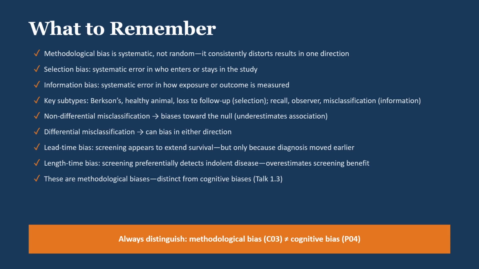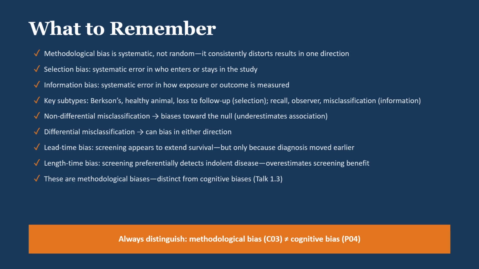The summary. Methodological bias is systematic. It distorts results consistently in one direction, unlike random error. The two major categories are selection bias, who gets into the study, and information bias, how exposure and outcome are measured. Key selection bias subtypes include Berkson's bias, healthy animal bias, and loss to follow-up bias.